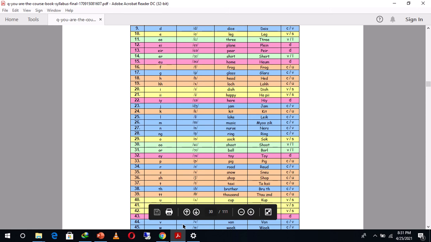You would have to focus on that R sound. It's not the R which we usually use in our Pakistani English. You would have to match your tongue with your palate to produce this sound, like ring. It's not ring, it's ring.